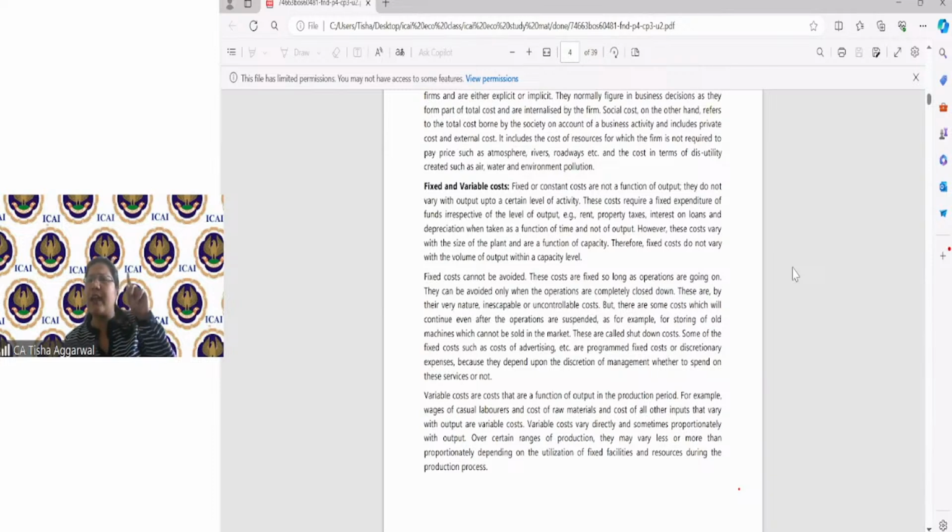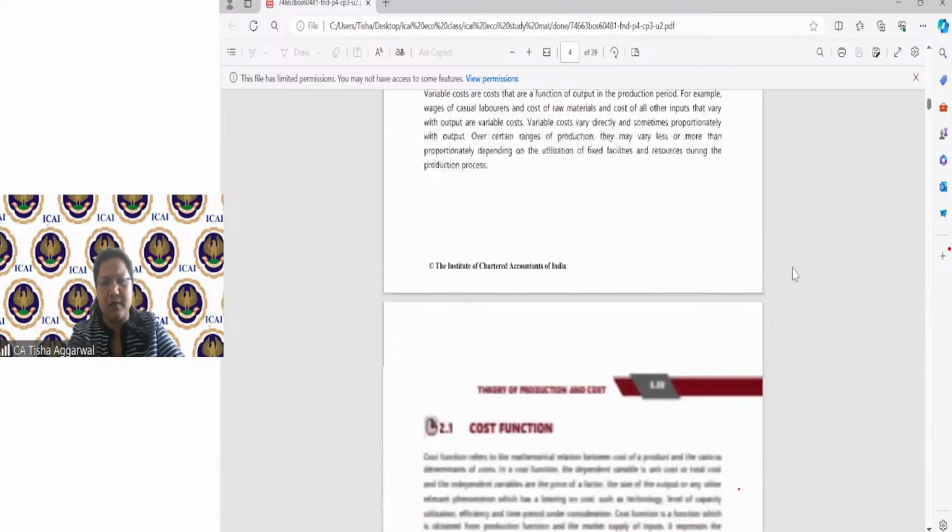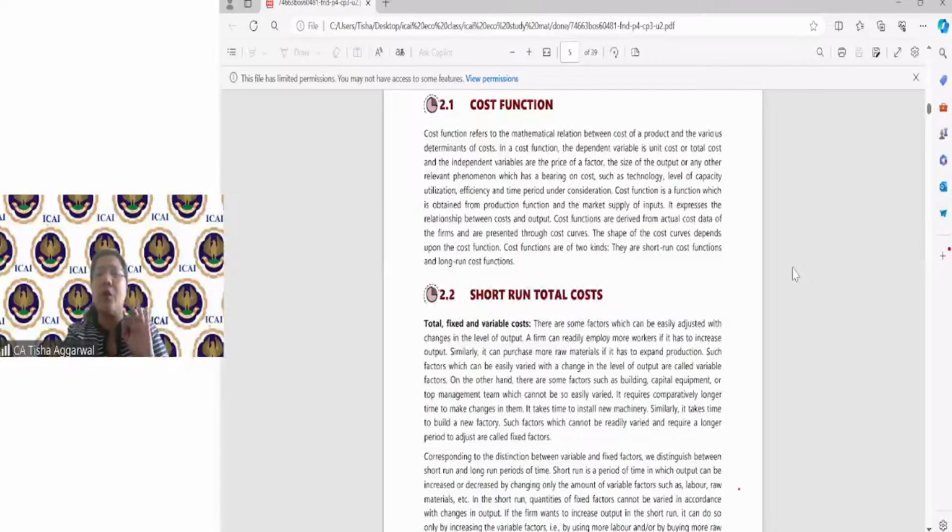If there's one student, I will print a copy for 10 rupees. If there are 100 students, 10 into 100, 1,000 rupees. So the cost which changes with the output is variable, and the cost which is fixed irrespective of the output is the fixed cost.